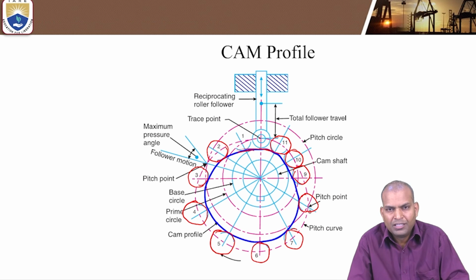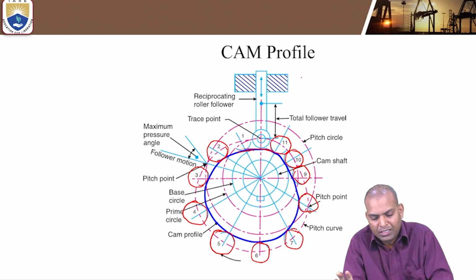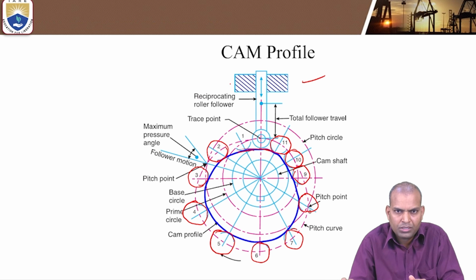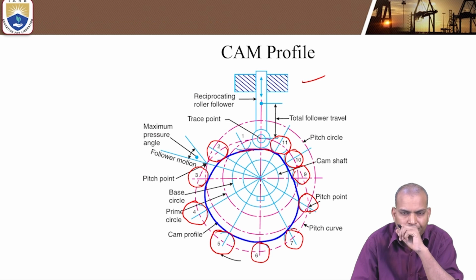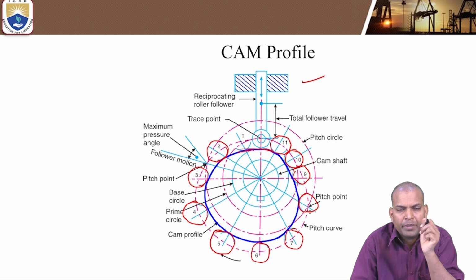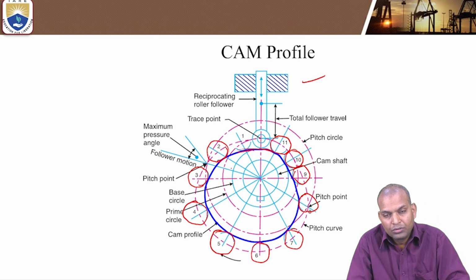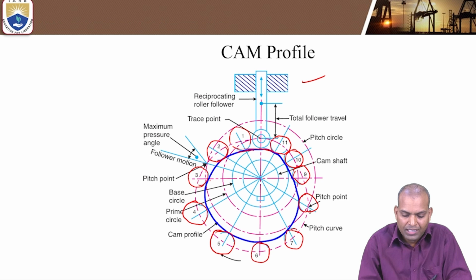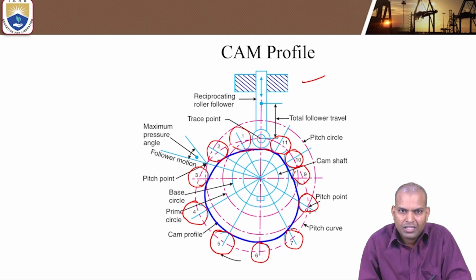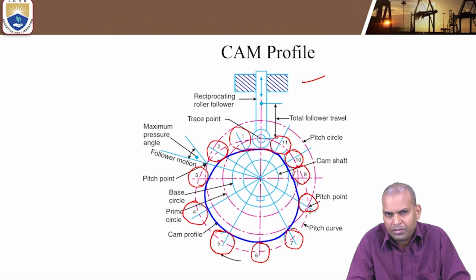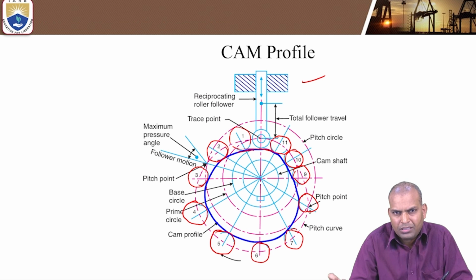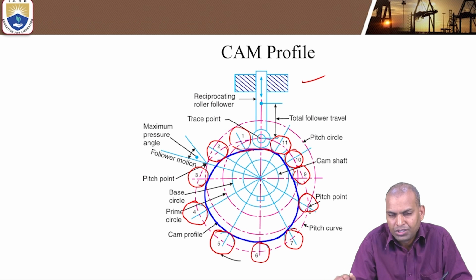But in practice, this roller doesn't move; the follower remains fixed at its position. To draw the shape of a cam profile, the methodology is such that these rollers are moving on the circumference of a cam, so that at different positions, the lift of the follower takes place at a particular angle of rotation of the cam.